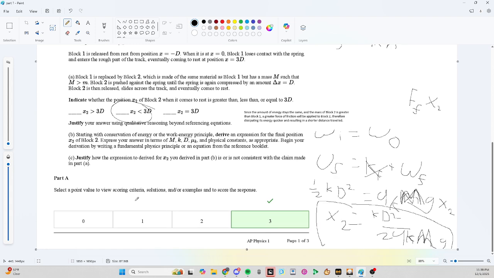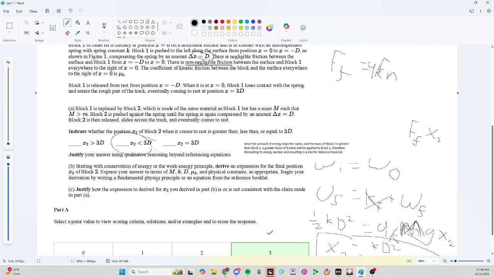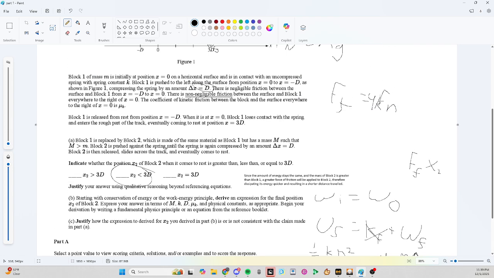And the final part is to justify how the expression you derived for x2 is consistent with what I said in part A. So in part A, I said that since the mass is greater for block 2 than for block 1, the final distance should be lower for block 2.